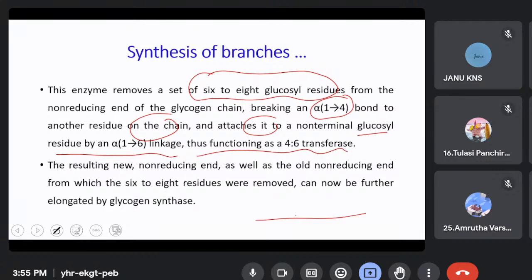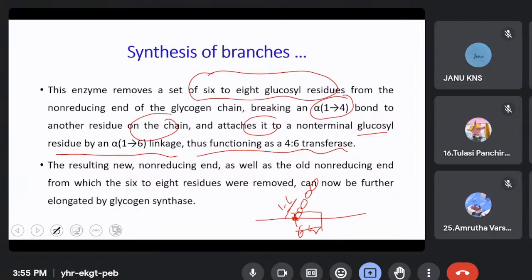A set of 6 to 8 glucose residues are removed from the non-reducing end of the glycogen chain, and thus alpha 1,4 glycosidic bonds are broken, and it attaches them for the formation of a 1,6 glycosidic bond at the branching point.